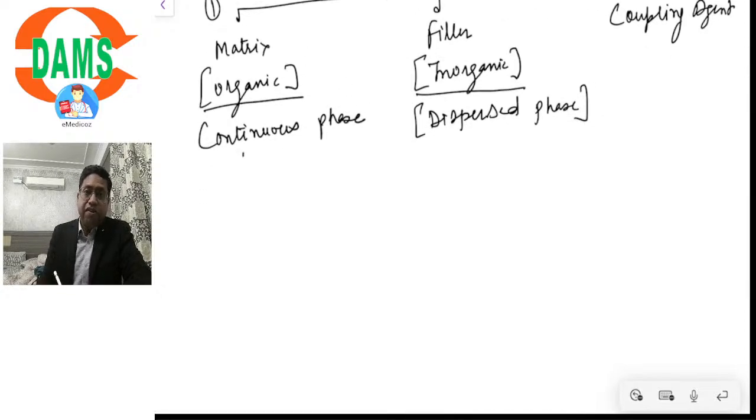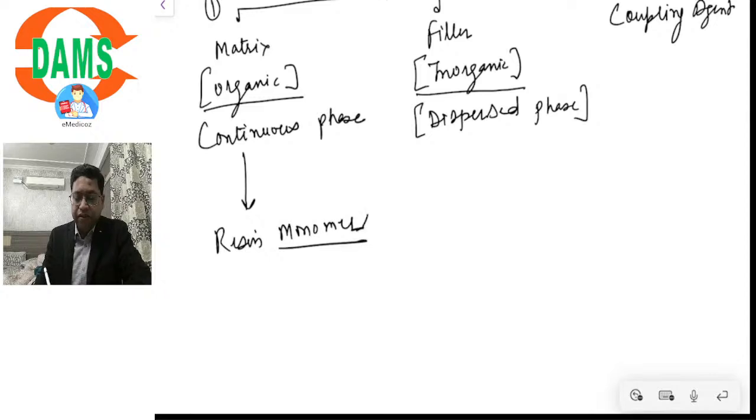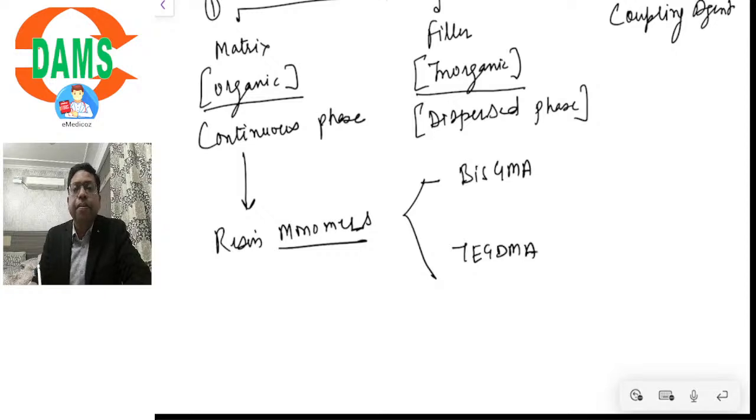Firstly, let's talk about the matrix. What does the matrix consist of? It is basically made up of resin monomers. These are methacrylate resins like bis-GMA and TEG-DMA. MA stands for methacrylate.